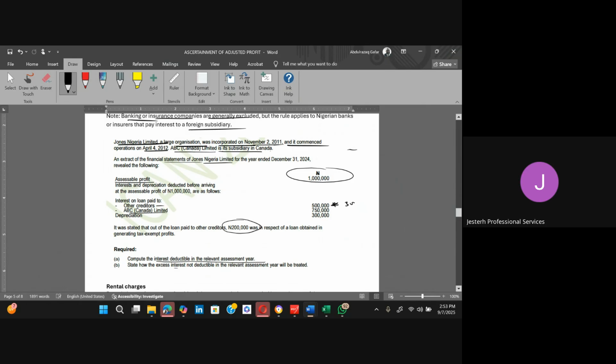Are you getting it now? 300,000 naira from this. Then this 750,000, we are not going to take it from this particular one. But what we are going to take here will be 30% of our EBITDA, which is our profit before interest and tax.